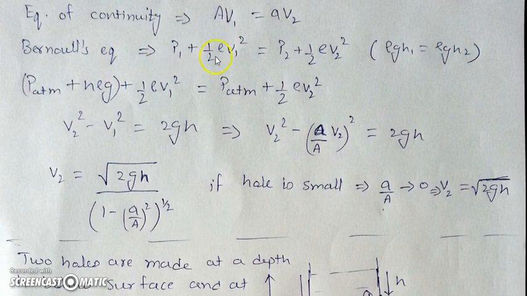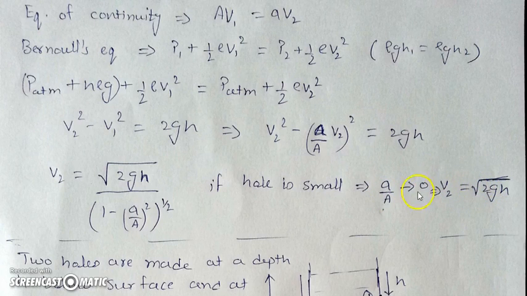And in Bernoulli's equation at points 1 and 2, their heights are the same, so we can neglect the potential energy term. So we get this relation: V2 is under root 2gh divided by this. And if the hole is small, this ratio tends to 0, so V2 will be simply under root 2gh.